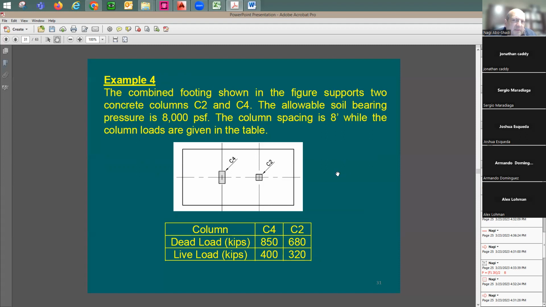So the question is, how can we design the contact area between the footing and the soil? I don't have any external applied moment on these two columns. I just have the axial load.